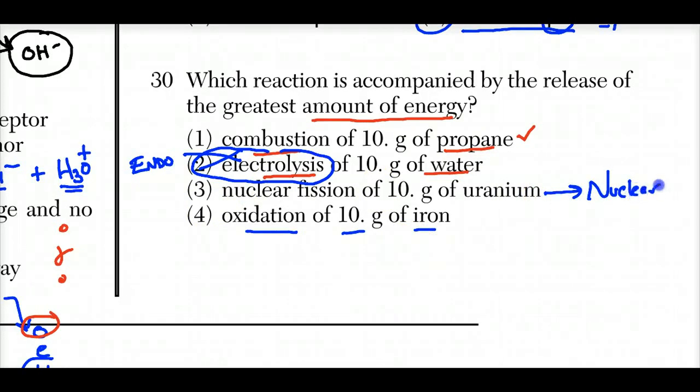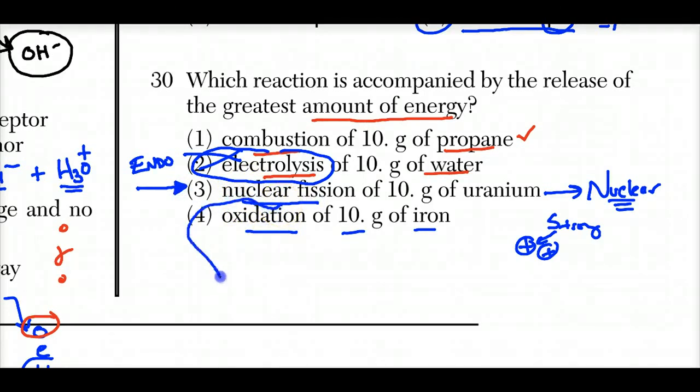And when you mess around with the strongest forces in nature, protons being held together by something called the strong force, okay, there's no greater change in energy than the energy changes in nuclear reactions. So nuclear fission, that's where the atomic bombs that we talked about are made from, or the nuclear reactors.